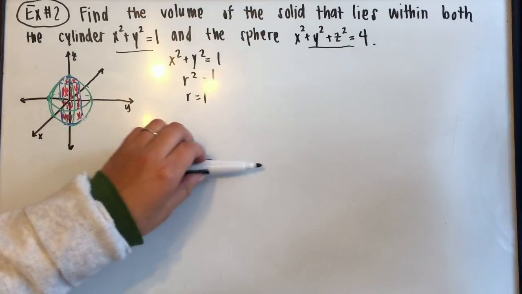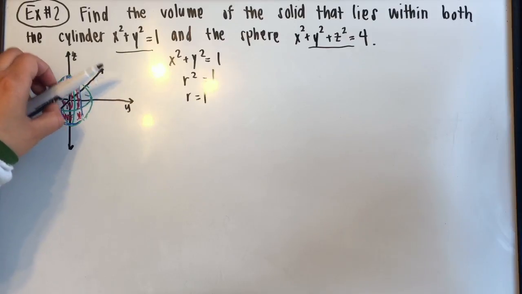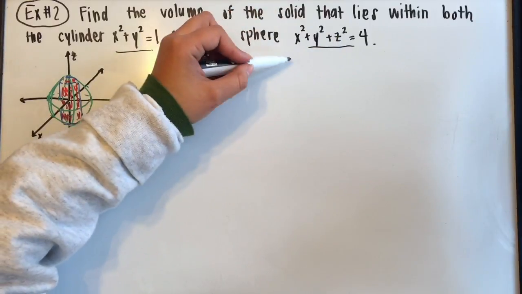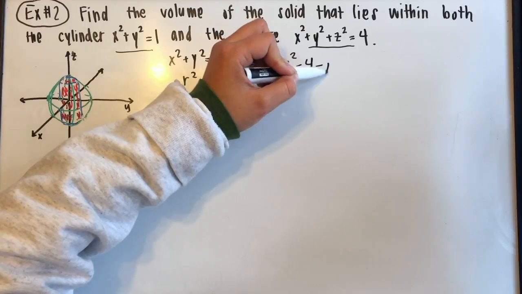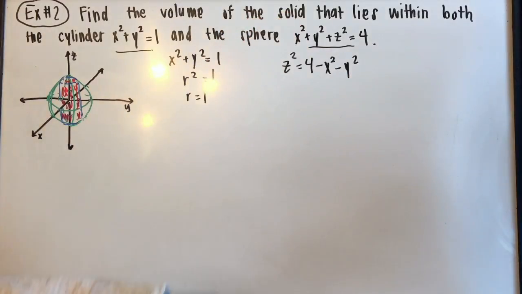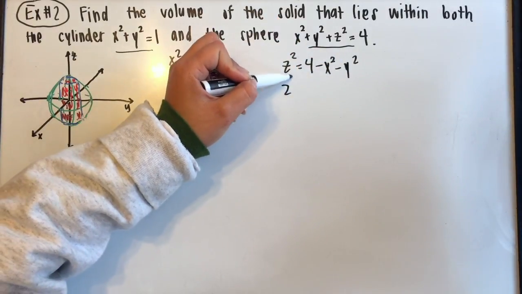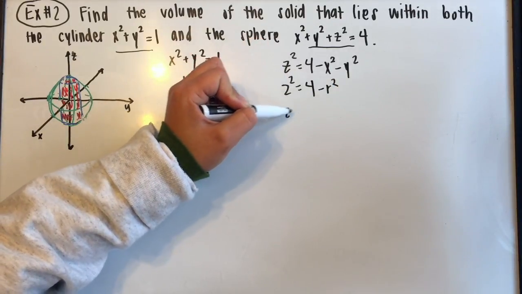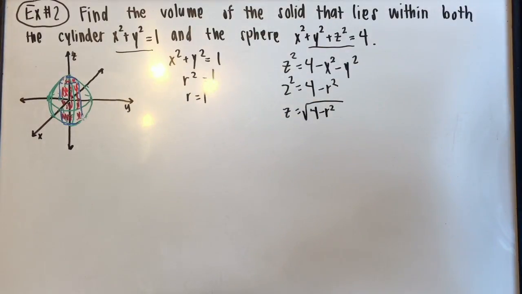That's what our first integral is going to be of. So we have z squared equals 4 minus x squared minus y squared. Remember, this is r squared. So z equals the square root of 4 minus r squared. Okay, so there is part of our z.